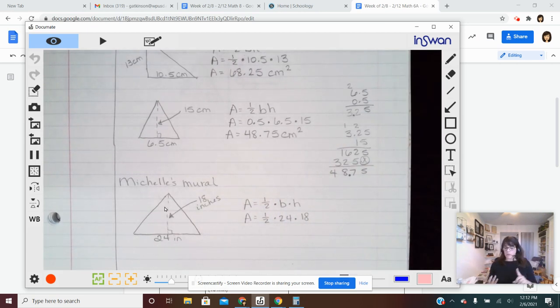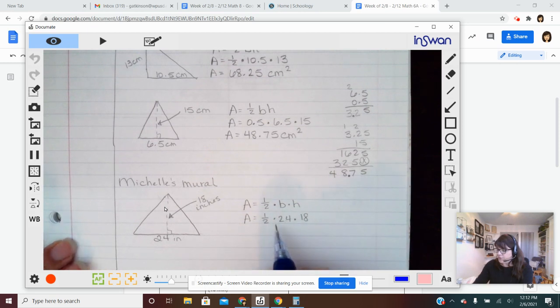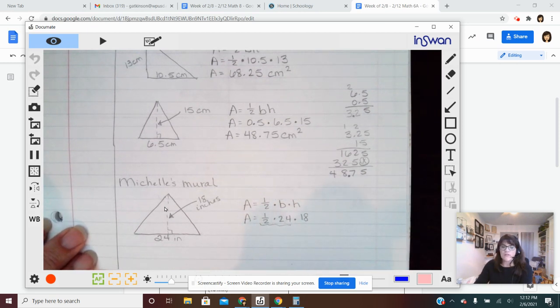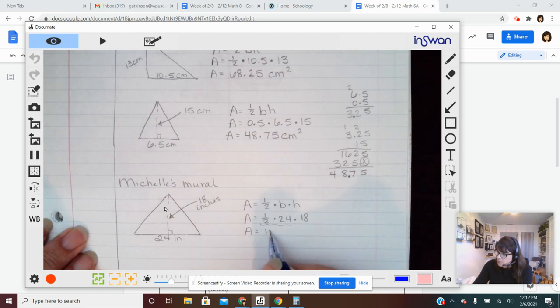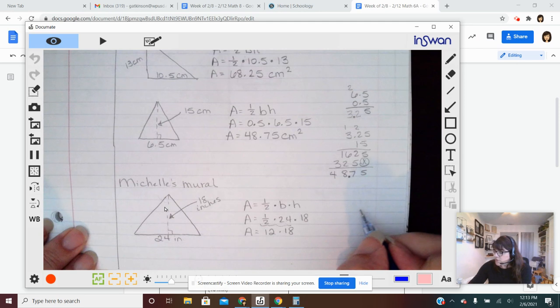Again, I expect that you are smart, resilient, quality students. You can see that 1/2 of 24 is 12. So right here, I'm just going to write area equals 12 times 18. Now I can do 12 times 18 faster just by writing it down than I would by getting out a calculator.